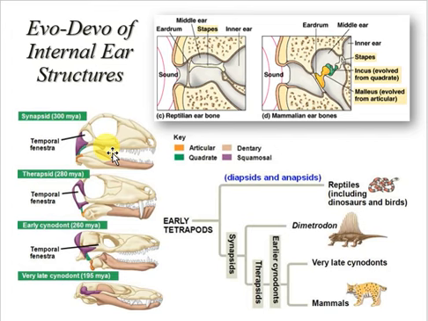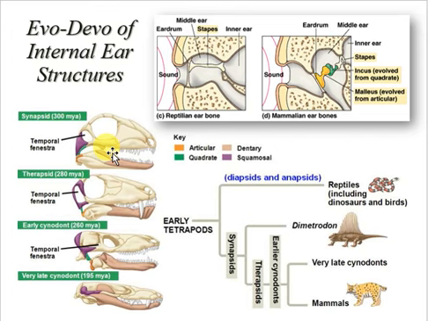One of those changes involved the development of the two remaining inner ear bones that are found in mammals, the incus and the malleus. Like the stapes, I should say, these two bones were derived from the bones of the jaw. Okay, so how did this happen?